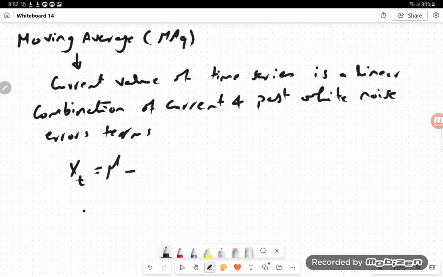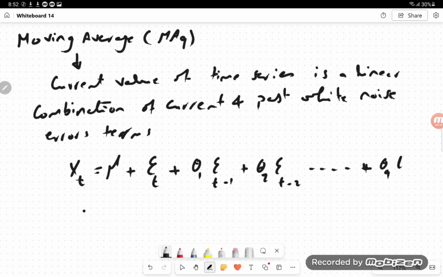So we can write the equation as x t, for example GDP, investment, etc., equals mu, the intercept, plus epsilon t, the error at time t, plus sigma 1 epsilon t minus 1, plus sigma 2 epsilon t minus 2, up to sigma q epsilon t minus q. So this is the general form of the model.